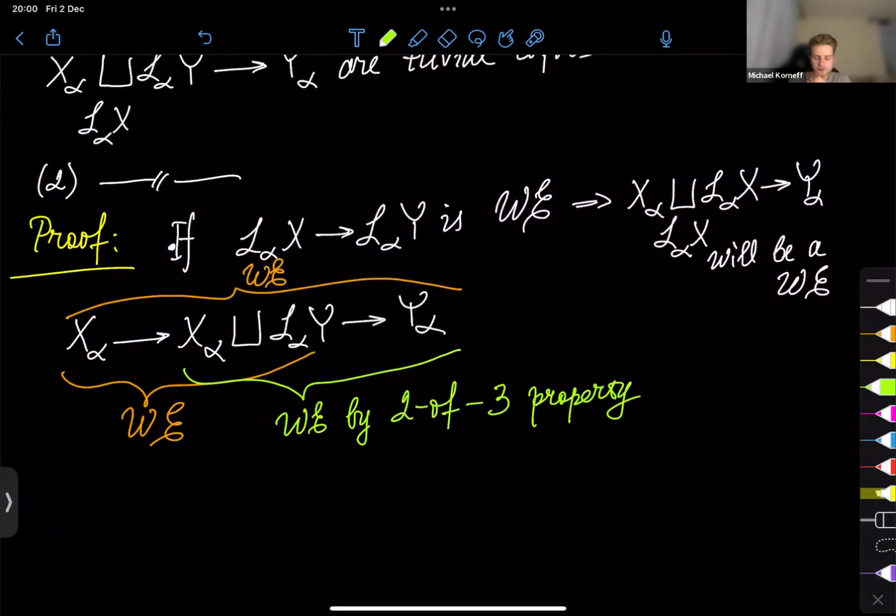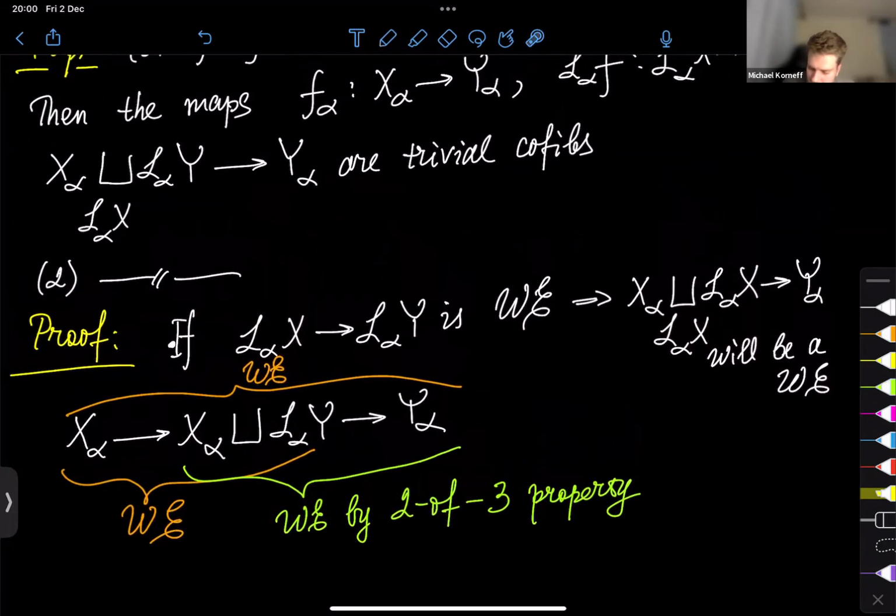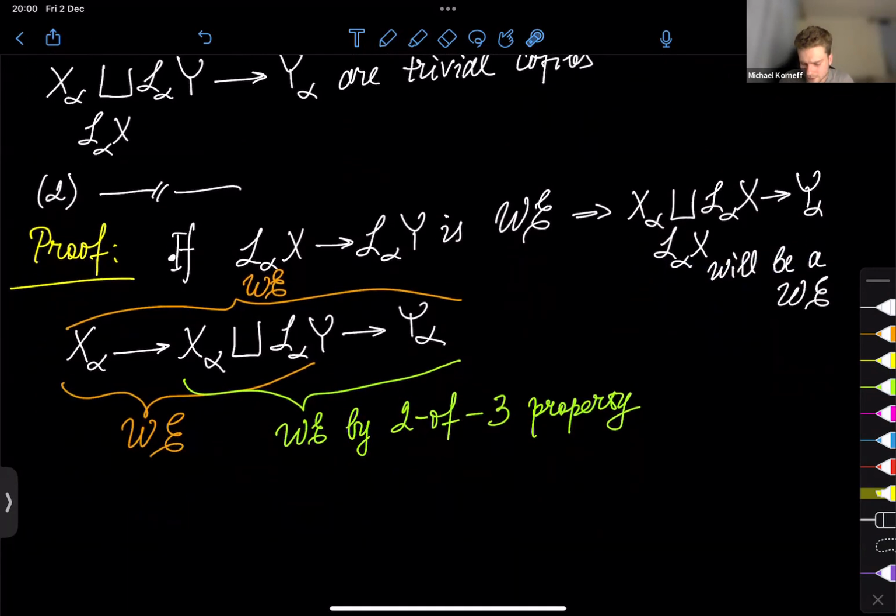And thus it suffices to prove the statement only for these maps. And we will do it by induction.